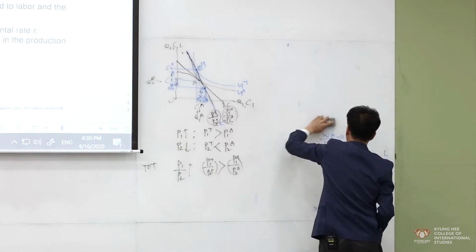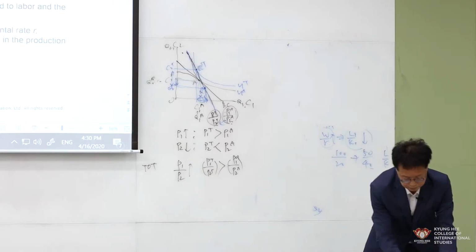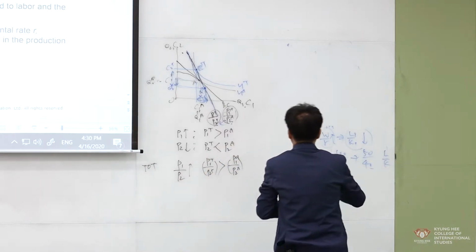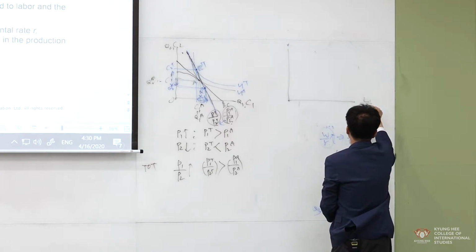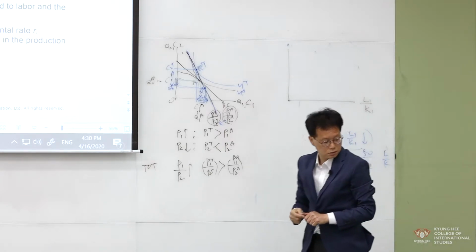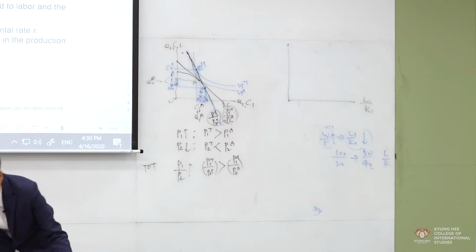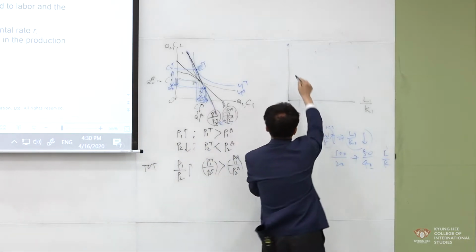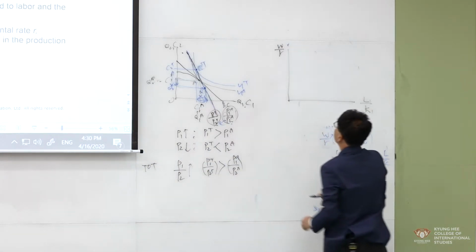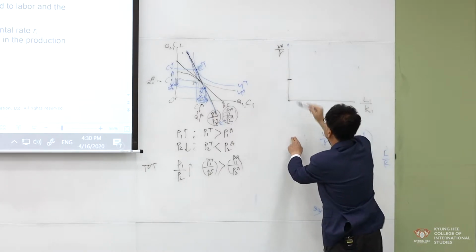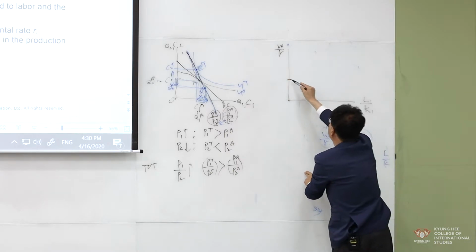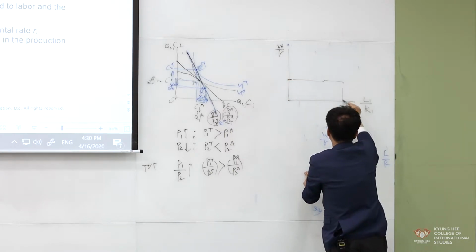From here, we can graph this kind of thing. For example, that is L over K, L1, K1. And that is the relative wage rate. Then what happened? When starting from here, L over K is like this.